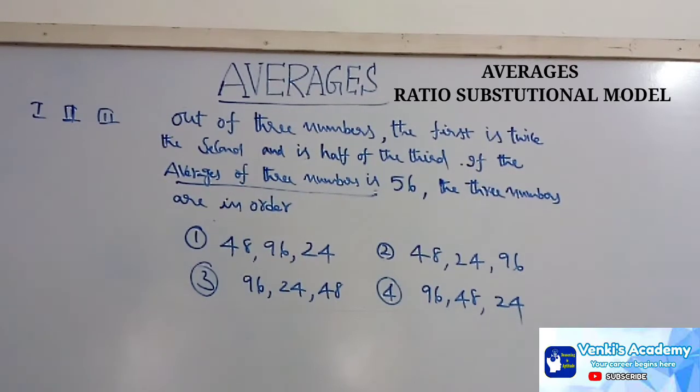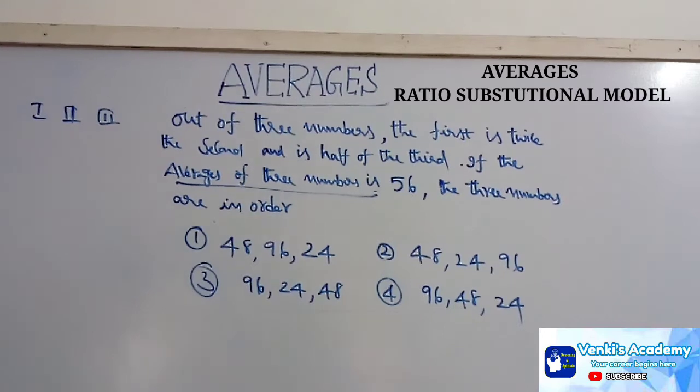If the average of three numbers is 56, what is the meaning of average? Average means the sum of the quantities by the number of quantities. If you add these three numbers and divide by 3, we get the average 56. Now he is asking to find these three numbers in order, according to his statement.